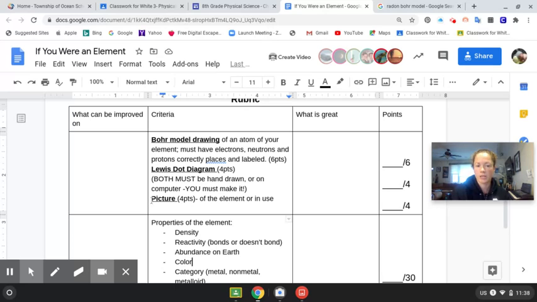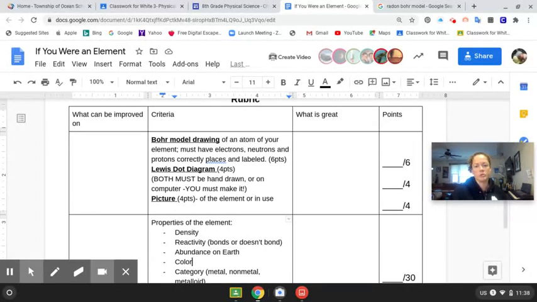The picture. So a picture that you're going to include is either a picture of the element, like if you're doing gold, you can easily find a picture of gold, or a picture of the element in use. If you're doing something like oxygen, where it's a gas, we can't take a picture of that because it's clear. So you need to find a different way to represent oxygen.